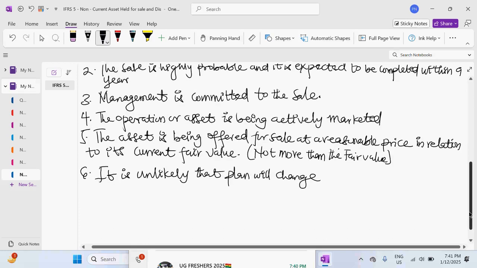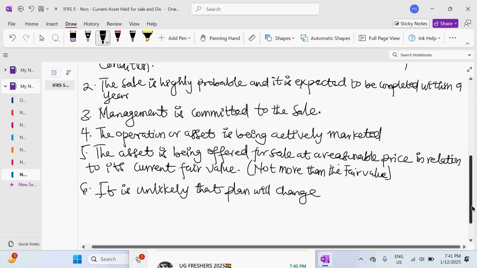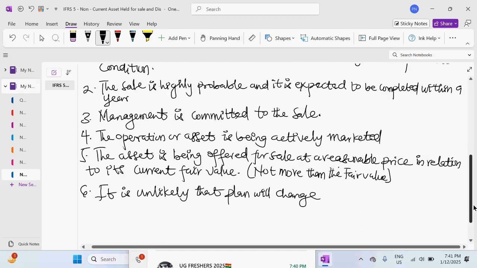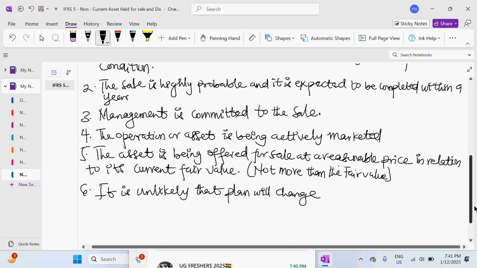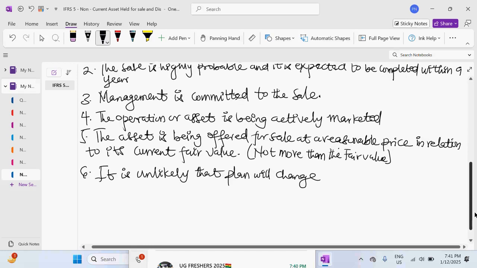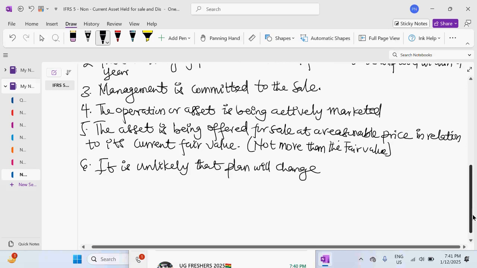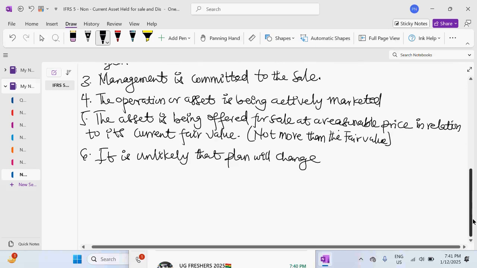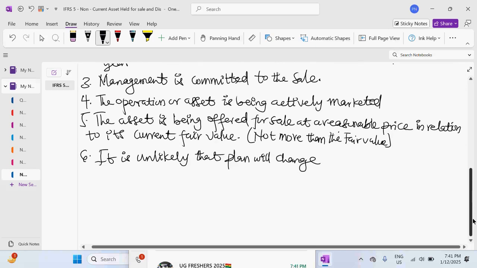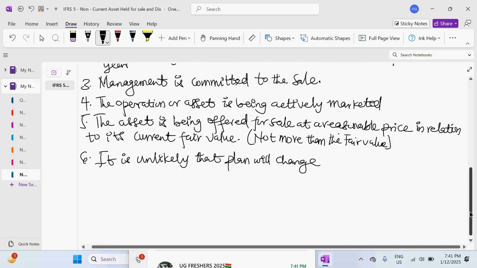They are doing a lot of advertisement to sell the asset, and the asset is being offered at a reasonable price that is not above the current fair value, and then it's unlikely that they will have a change of mind. So these are the conditions to classify an asset held for sale.